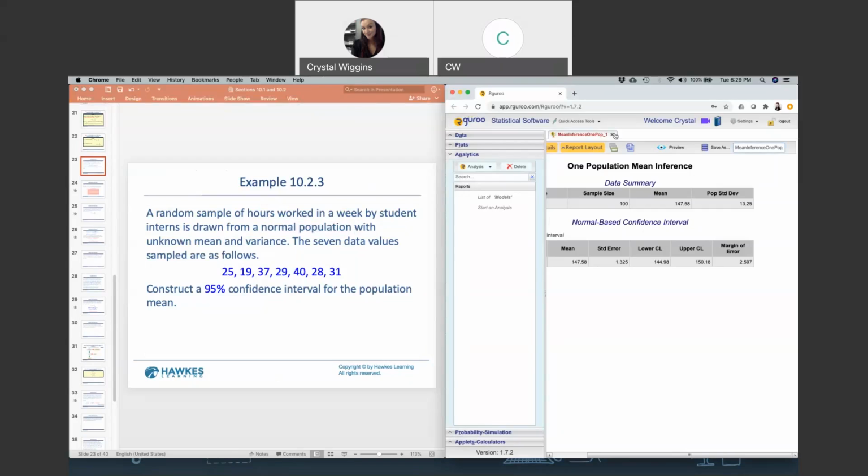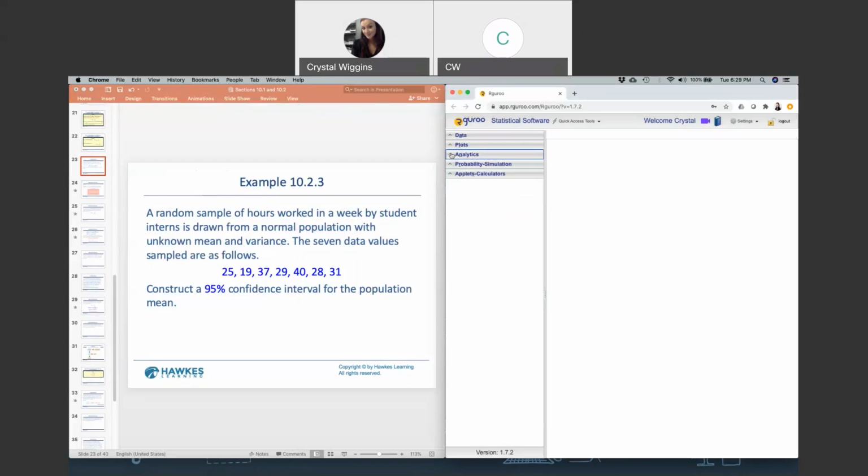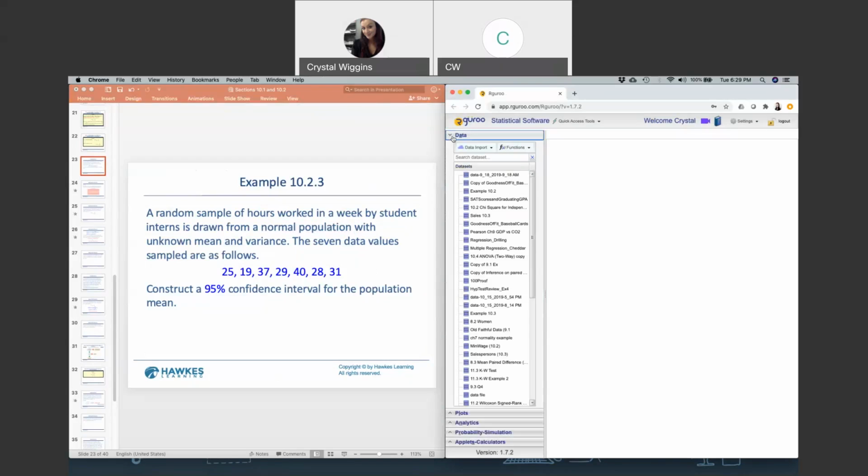Okay, well, this one has a data set, so it's a very small one. You could technically calculate the mean on your own, but the standard deviation would be a little tricky. So let's just create a data set. So we're going to Data, Import, Create New Data Set.